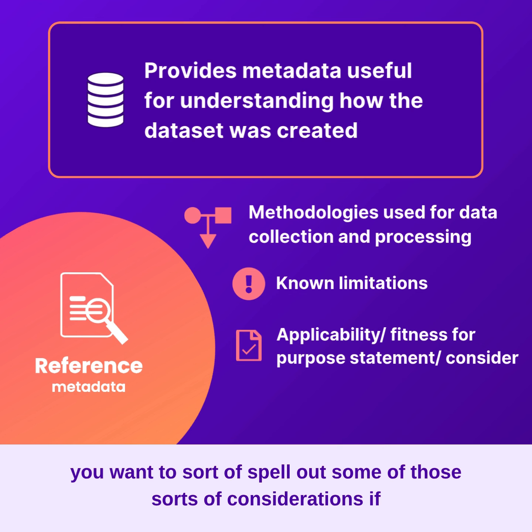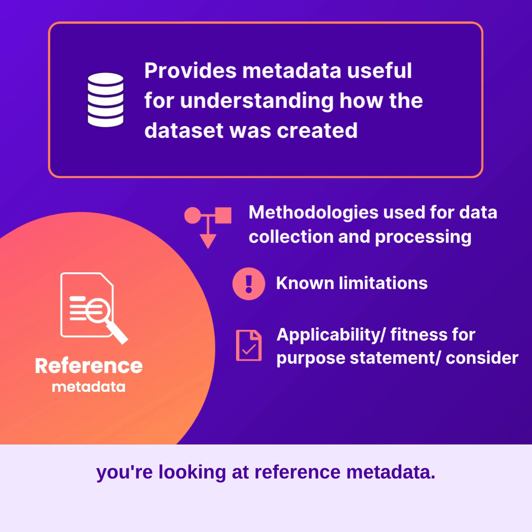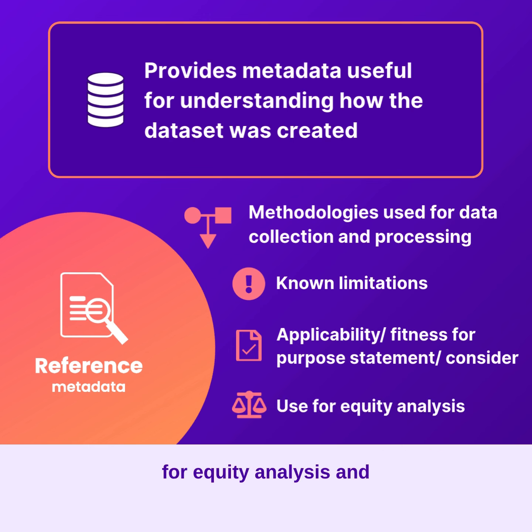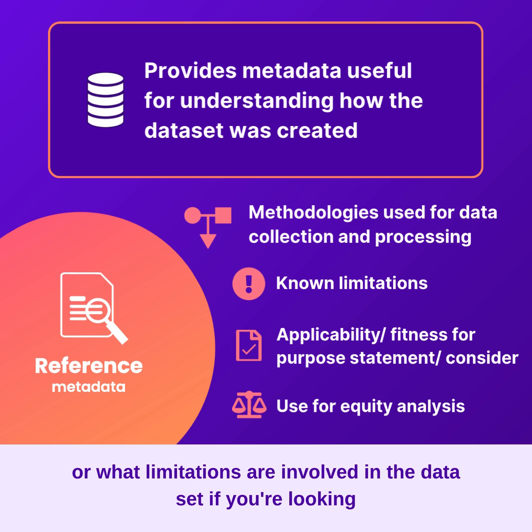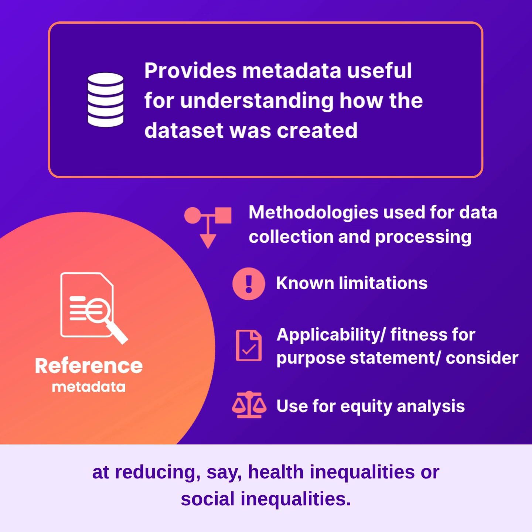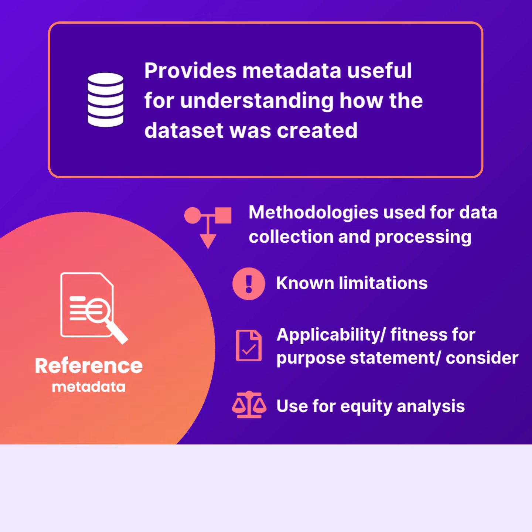So you want to spell out some of those considerations. And we always include an analysis of how the data set might be useful for equity analysis and comparison, and how you use the data set or what limitations are involved if you're looking at reducing, say, health inequalities or social inequalities.